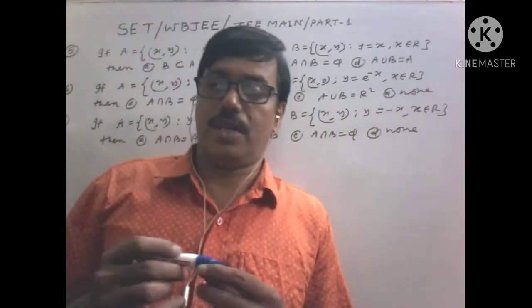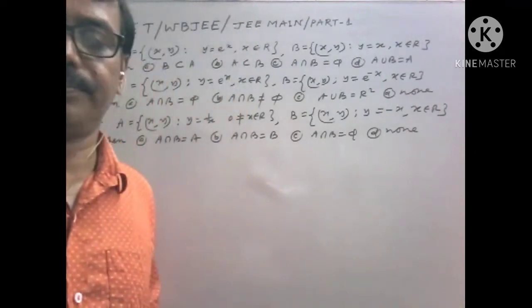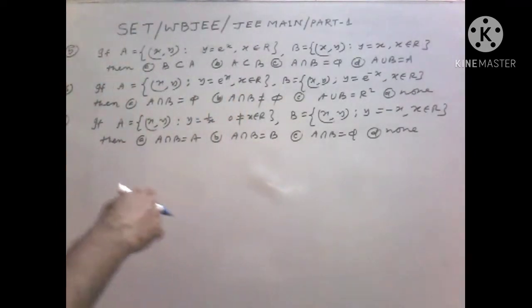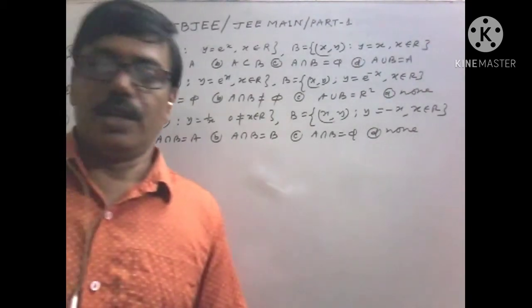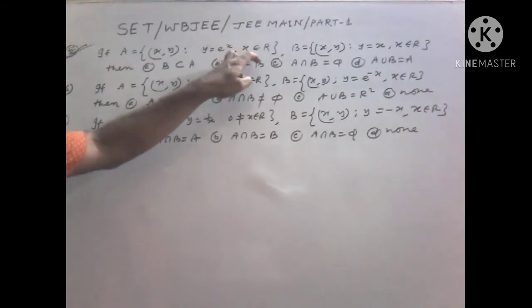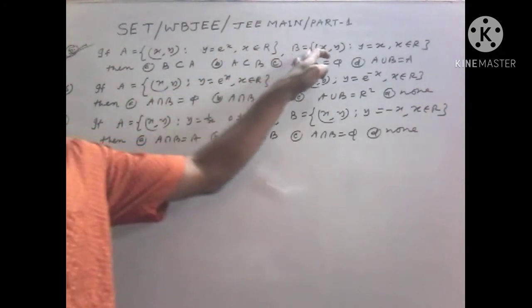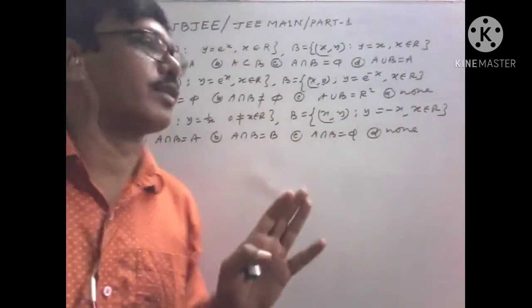Now we consider three problems of the same type. So 5, 6, 7 are of the same type. Suppose problem number 1. A equals {(x, y): y equals e to the power x, x belongs to R}, and B equals {(x, y): y equals x, x belongs to R}.